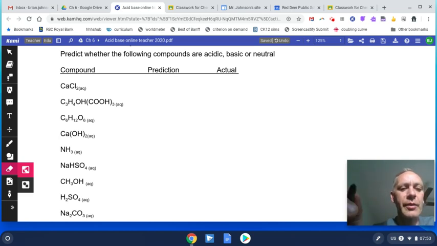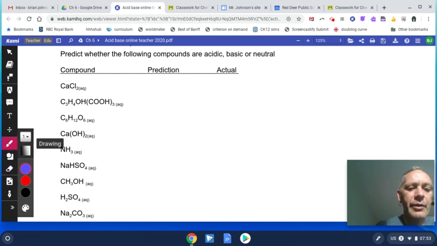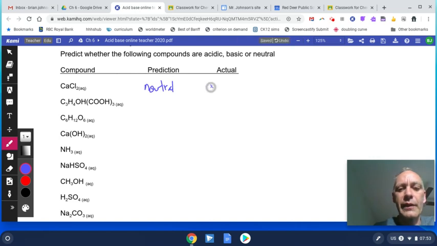So calcium chloride, an ionic compound. Do you think it's acid, base, or neutral? I'm going to call it neutral. And then when you come back, we'll do the actual. What are they really? So just take a minute, go down this list and predict acid, base, or neutral for each one. Pause the video while you do that.